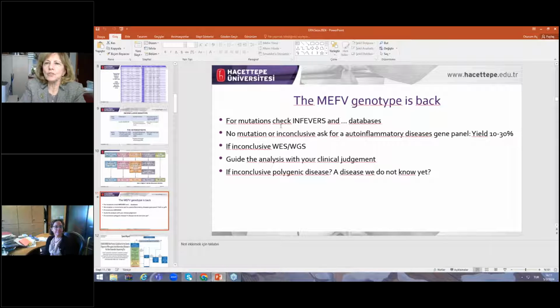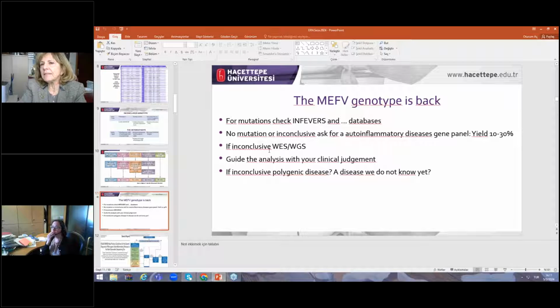So when the MEFV genotype is back, you have to check the InFevers or other databases to see if this is a pathogenic mutation or a variant of unknown significance. If there is no mutation or it's inconclusive, you should ask for an autoinflammatory disease gene panel, but I must tell you that the yield is not high with these panels, and we can come back to this if we have questions.